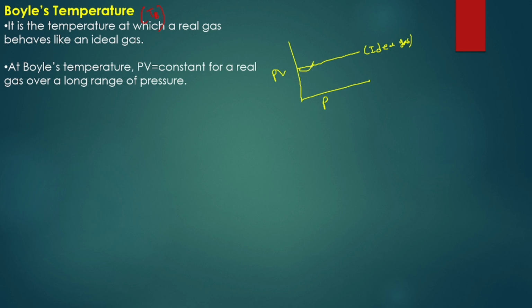But at Boyle's temperature, the PV value is constant for both ideal gas as well as real gas over a long range of pressure.